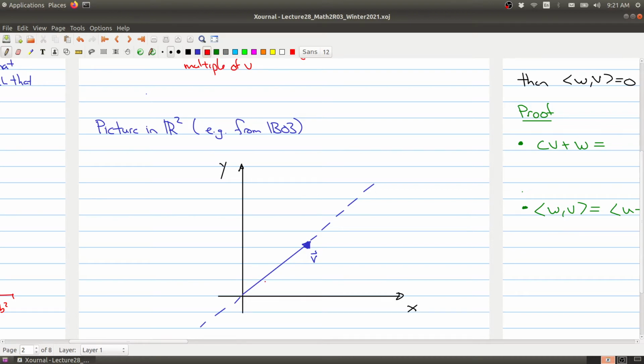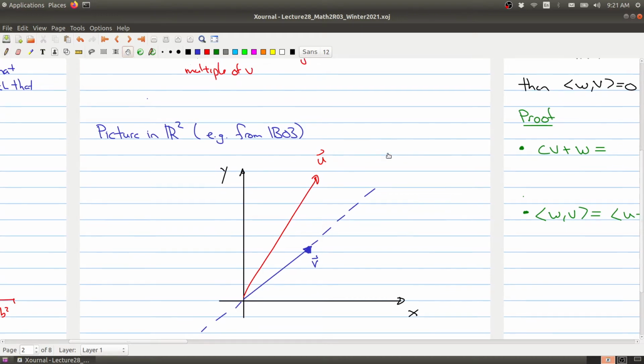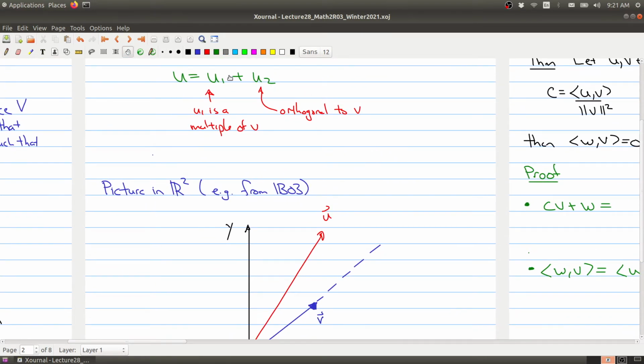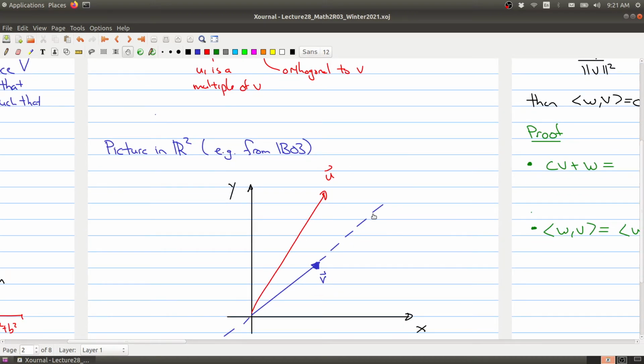Now I'm going to take an arbitrary vector u. Here's my arbitrary vector u, and I want to break u up into something that is a multiple of v and something orthogonal to v. That means I want some vector on this line, and I want some other vector that's orthogonal to it. I'll do that in green.